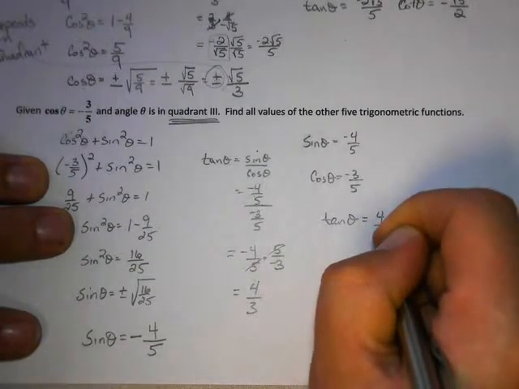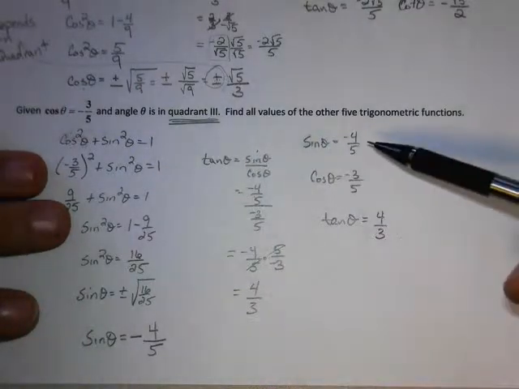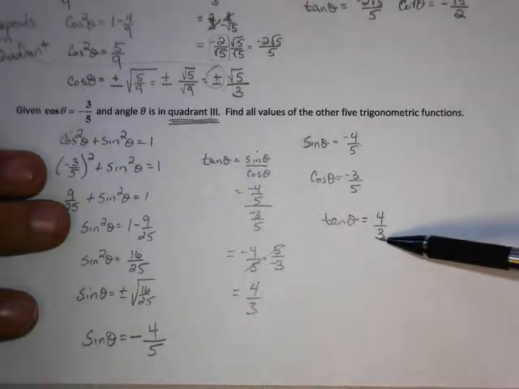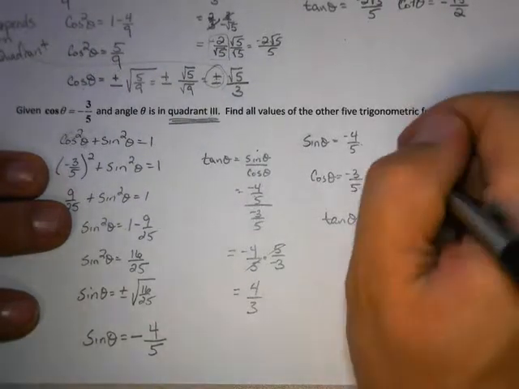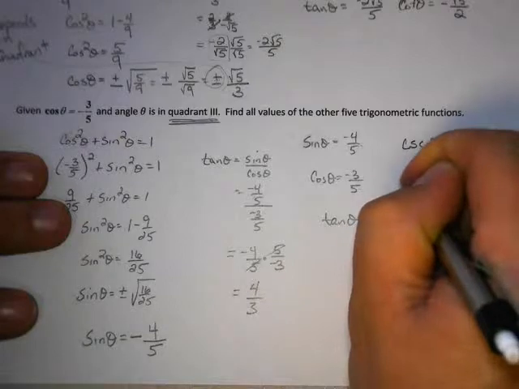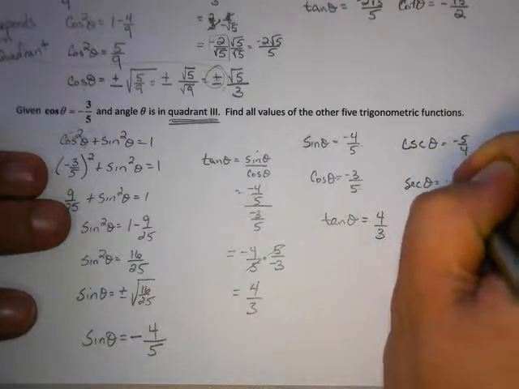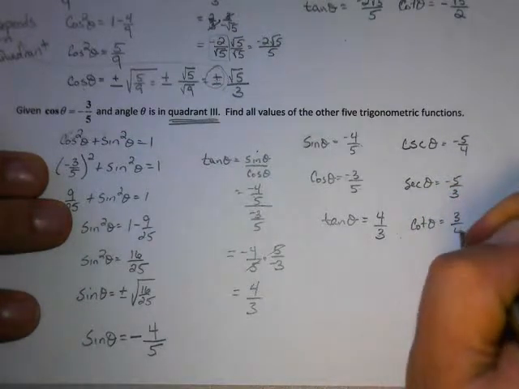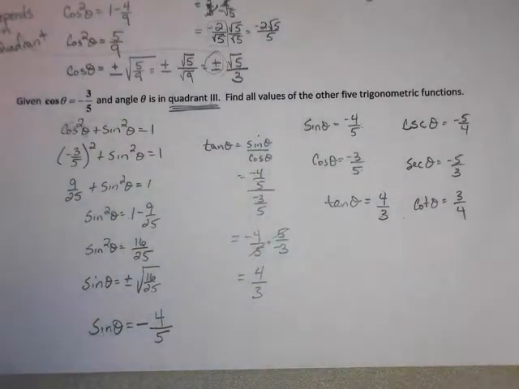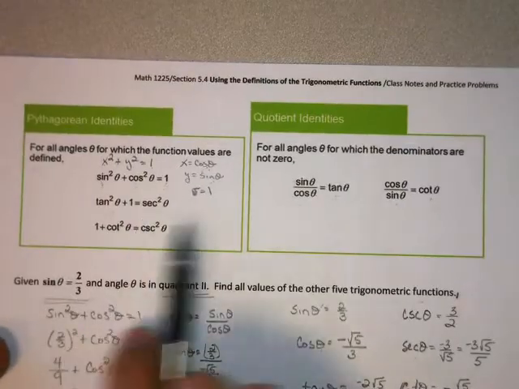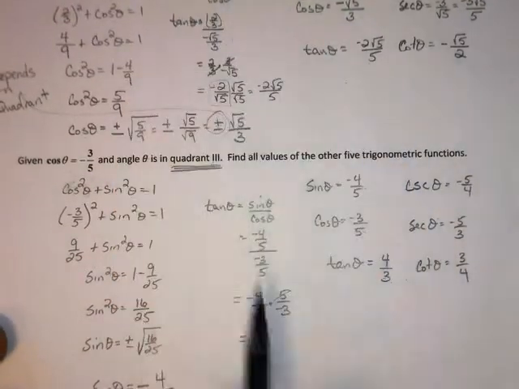In the third quadrant, that should make sense: sine is negative, cosine is negative, so tangent has to be positive because there's 2 negatives. And if we do the reciprocals, cosecant theta is negative 5/4, secant theta is negative 5/3, and cotan theta is equal to 3/4. So we can find all 6 trig functions given 1 and a quadrant, and using these identities we can find all 6 trig functions.